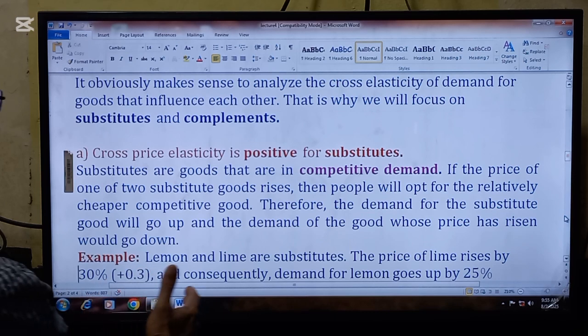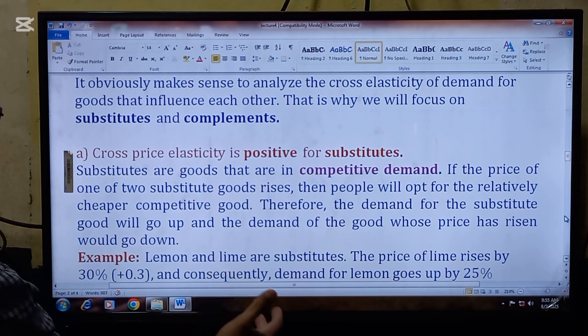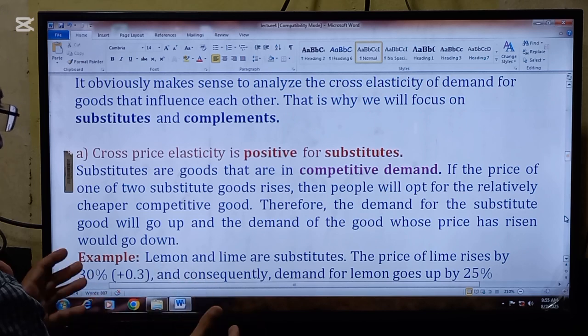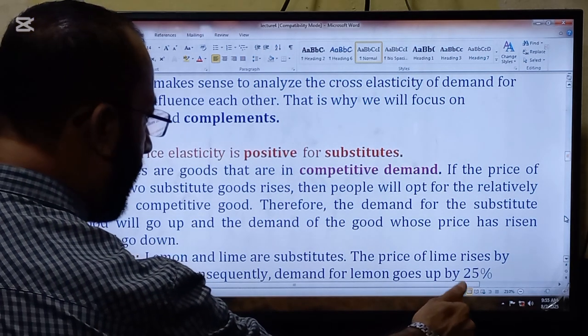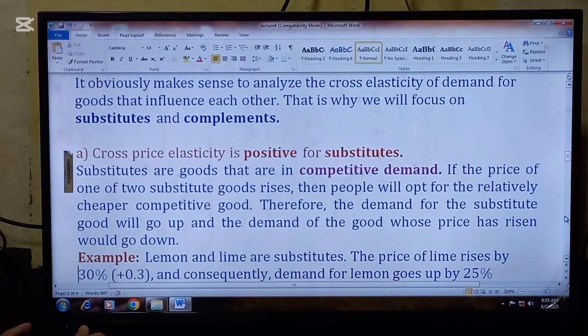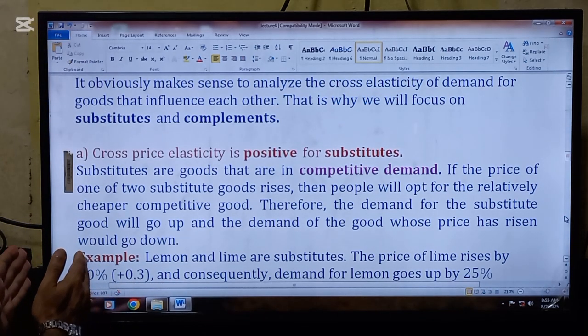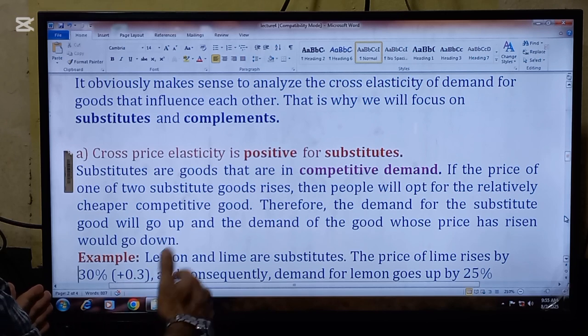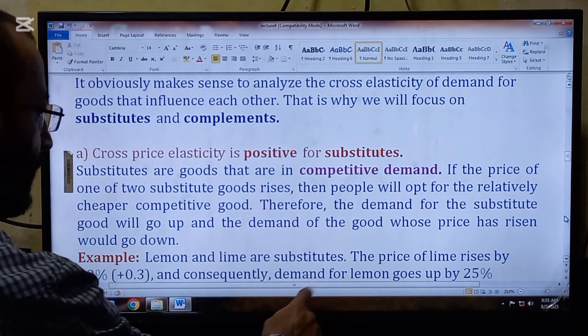For example, lemon and lime are substitutes of each other. For example, Coke, Coca-Cola and Pepsi Cola are substitutes of each other. Look now, the price of the lime rises by 30%. Definitely its demand will decrease and consequently people will opt for the substitute, that is lemon.